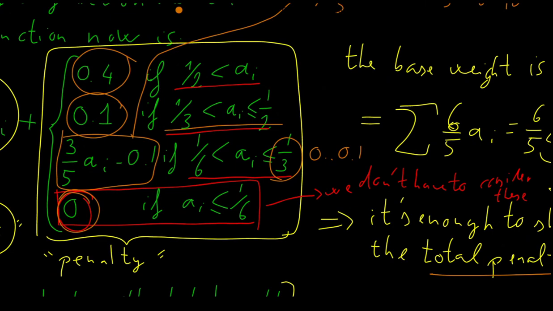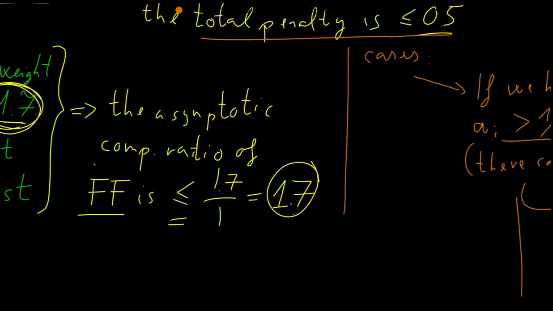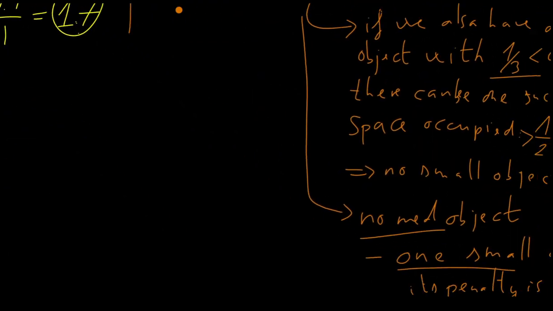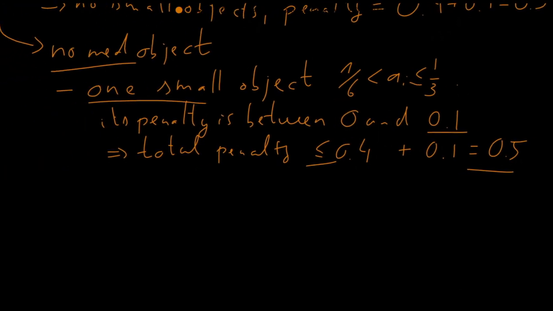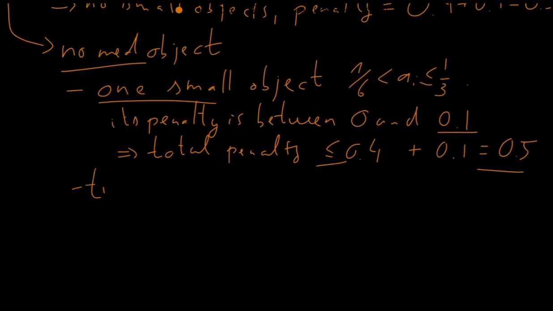Now we can have two of these objects, so that's also an option. This is at most 0.5, but we can have two small objects.